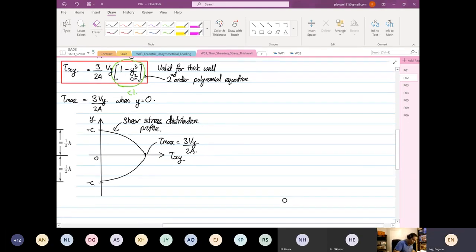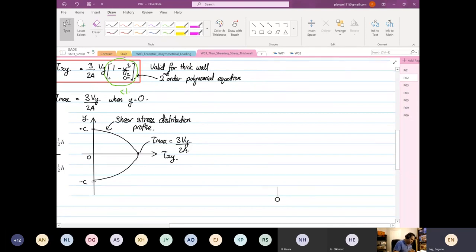Now I'm going to introduce you to another equation where stress X is equal to My over I, right? Now, does that look familiar to you guys? Yes or no? It looks awfully familiar, and this is because it is induced by what? Bending what?